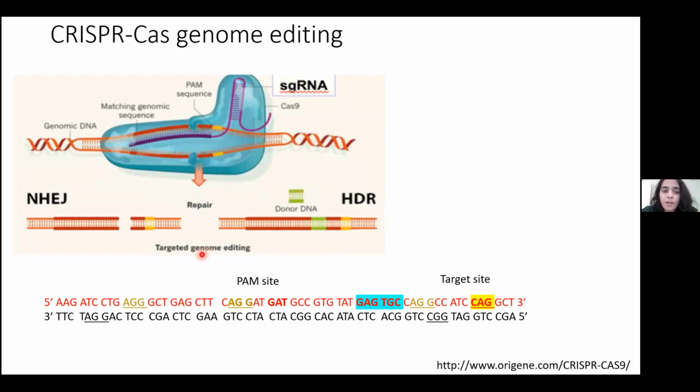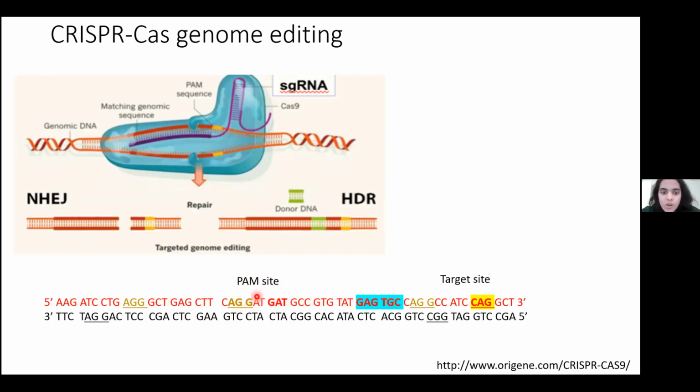Basically your Cas9 enzyme and single guide RNA form a complex with your DNA of interest. Now your single guide RNA recognizes something called a PAM site, which is basically NGG, where the N can be anything. So here, let's say it's AGG, and there are different AGGs in the sequence, as you can see, but each single guide RNA recognizes a specific PAM site and the sequence surrounding it.